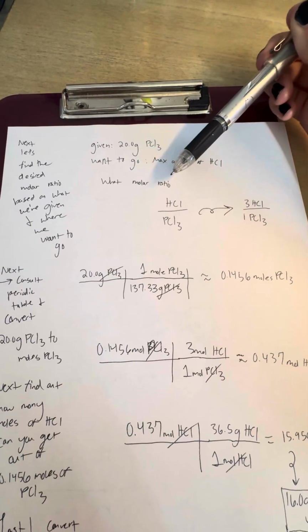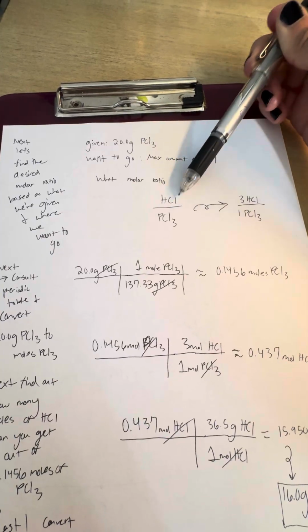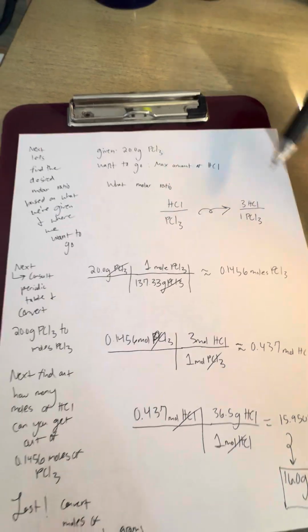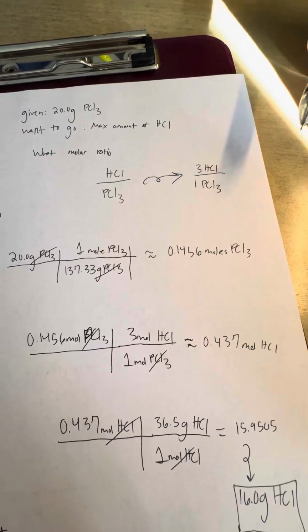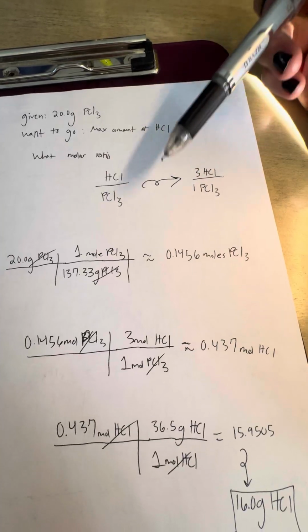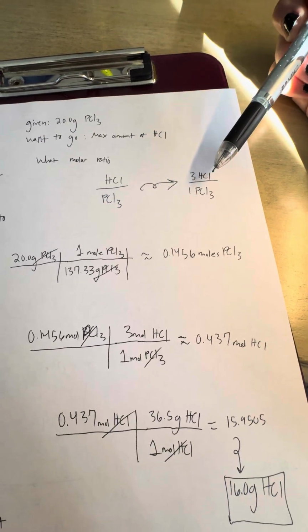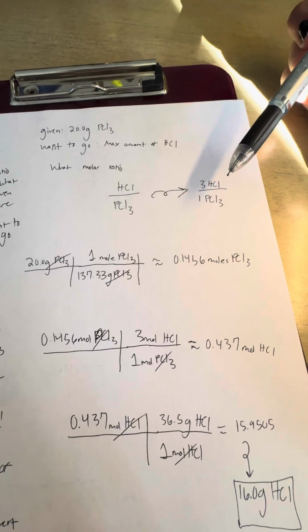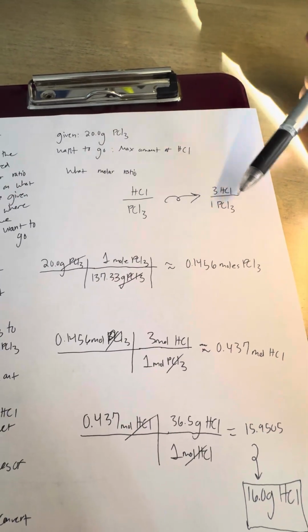So we need to find the molar ratio of how much HCl we get out of PCl3. As I've stated in previous videos, the product you want of interest always goes in the numerator. So that's like a big hint, just so that you don't flip this around and do 1 PCl3 over 3 HCl. So just keep in mind what you want in your numerator, because it's going to help you later in your stoichiometry.